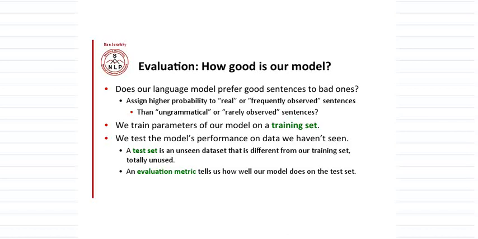it should assign higher probabilities to the real and frequently observed sentences, right? And it should also assign lower probabilities to ungrammatical or rarely observed sentences.